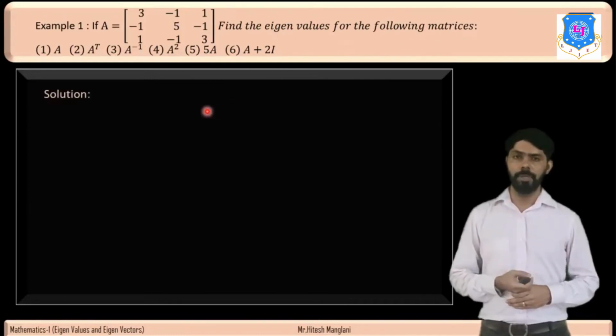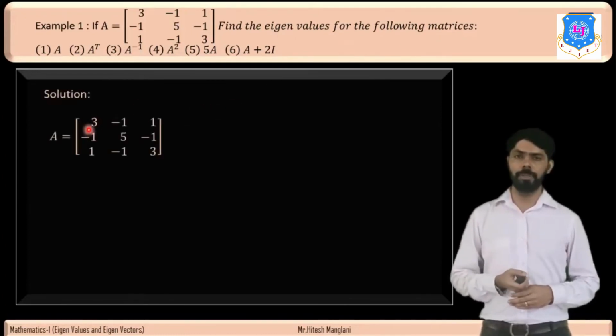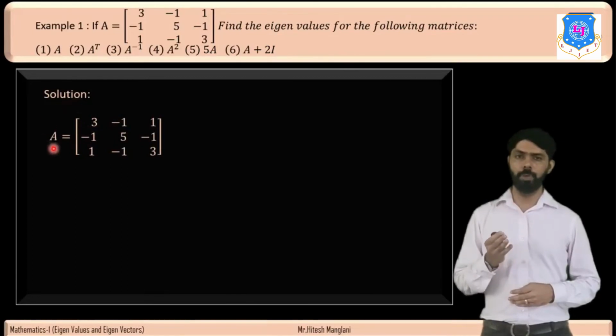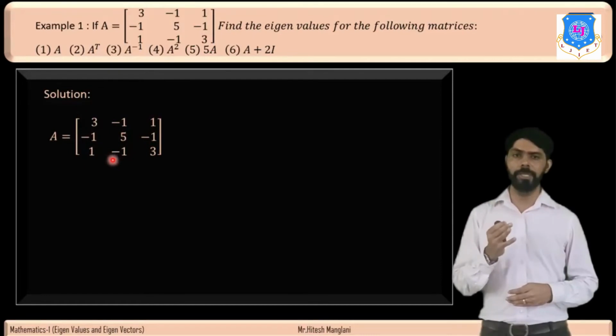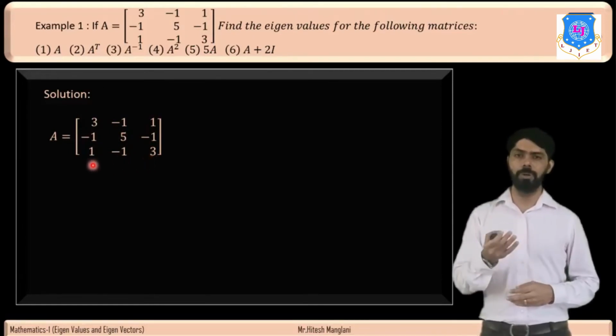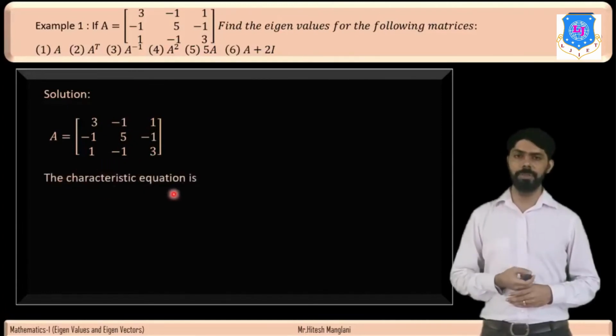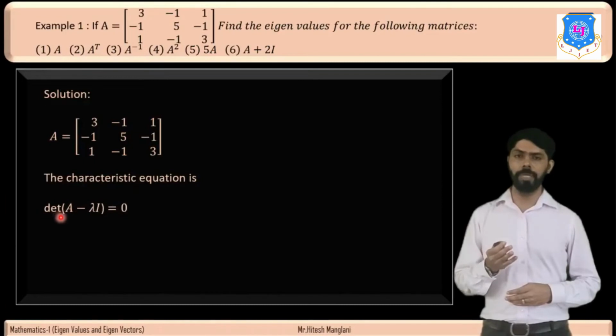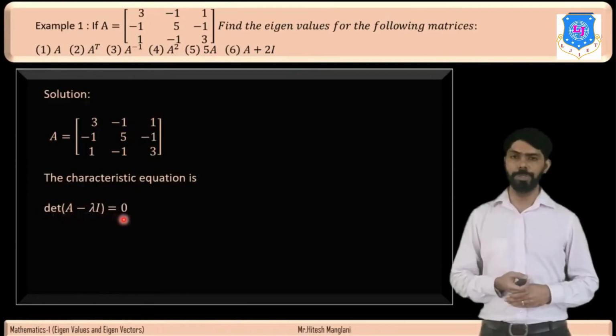Here the given matrix is of order 3. So A is equal to [3, -1, 1; -1, 5, -1; 1, -1, 3]. First of all we will find the eigenvalues of this matrix. The characteristic equation is given by determinant of A minus lambda I is equal to 0.